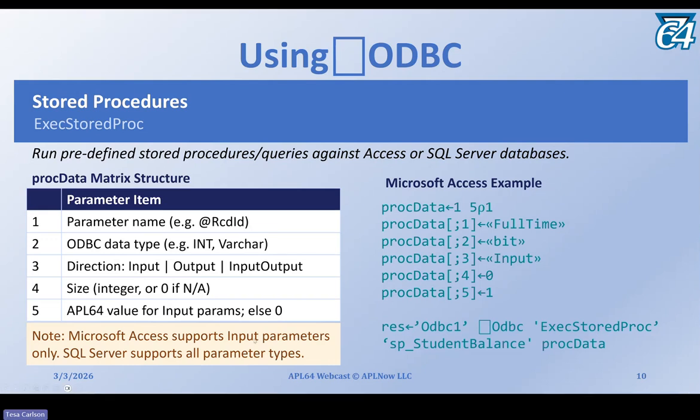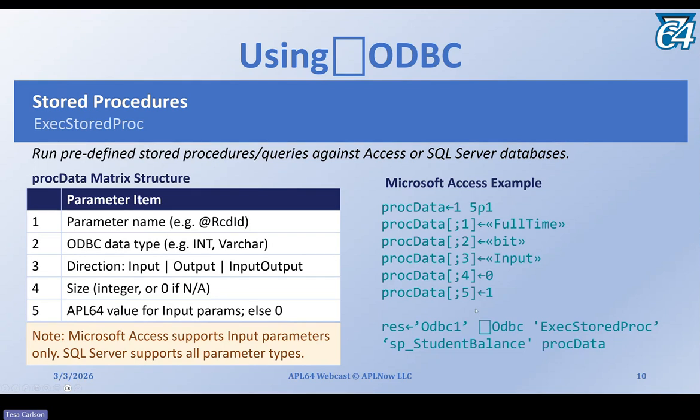The parameters are optional. Incorrect parameter values will lead to exceptions which prevent processing of the quad ODBC exec stored proc action. The right arguments to the exec stored proc action are the stored procedure name and the procedure data for the parameters, if there are any.